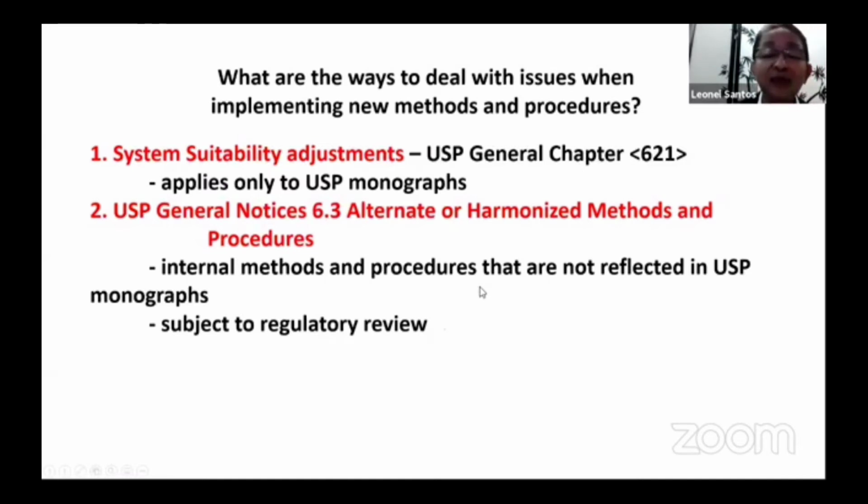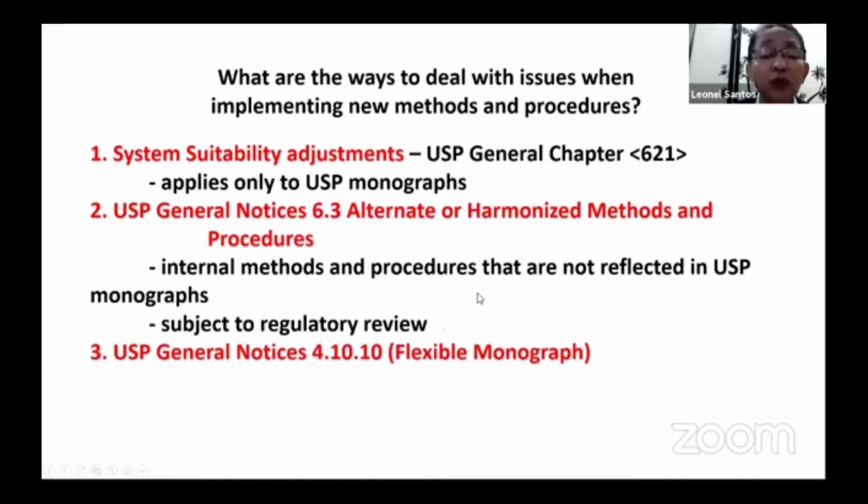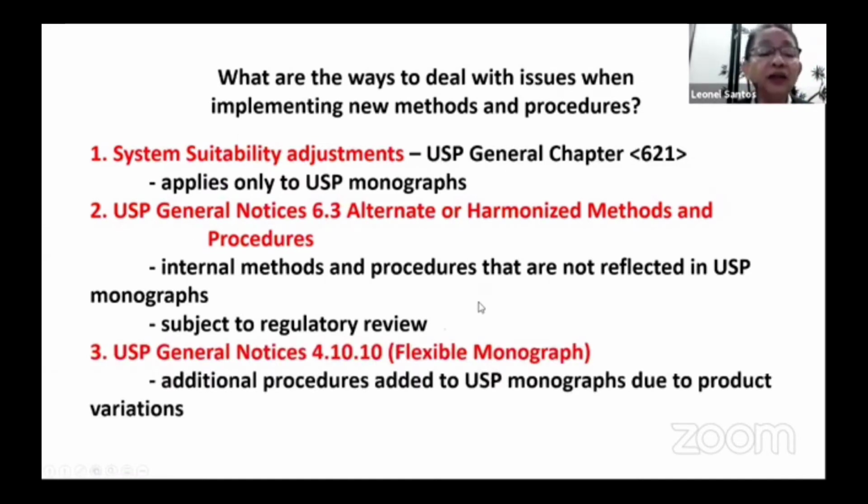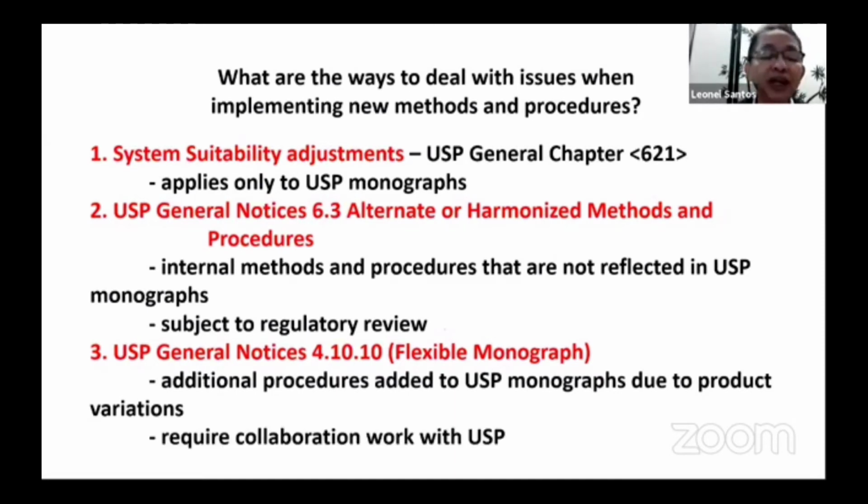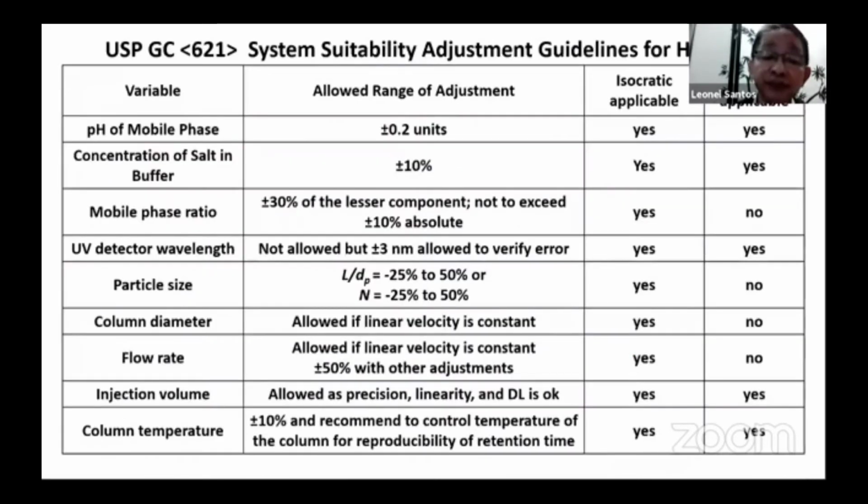The third way would be to contact USP so that your modified alternative procedure can be added to the USP monograph, simply because you have a slightly different product compared to the other products. But this would require a lot of collaboration with USP staff. So these are the ways to implement new methods if you're having issues.